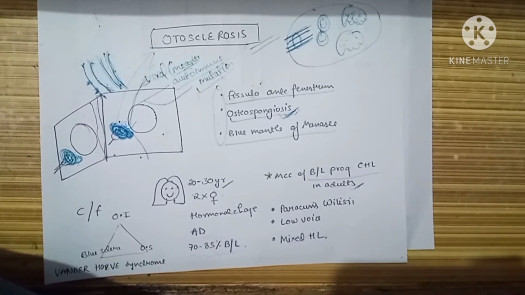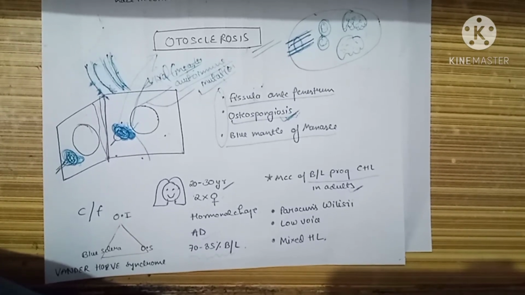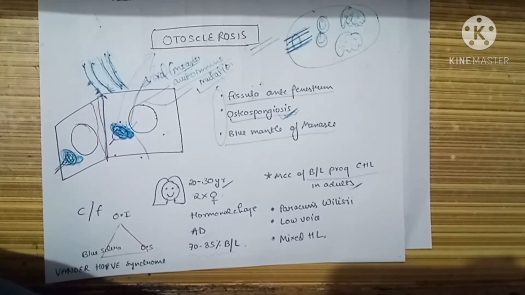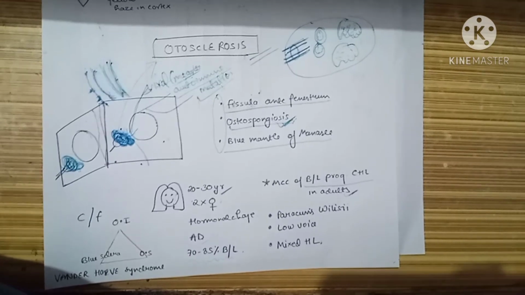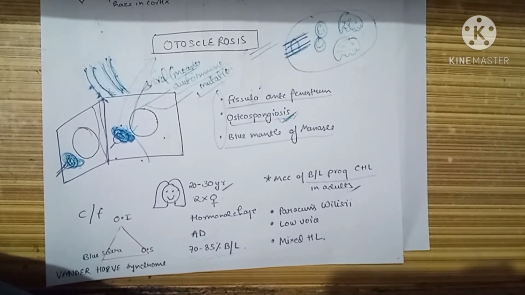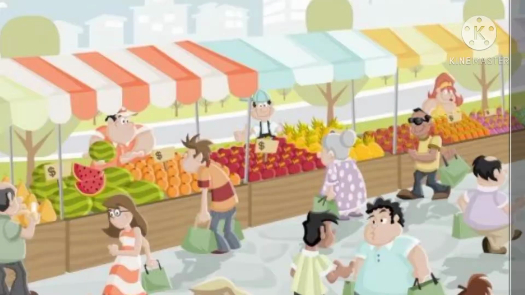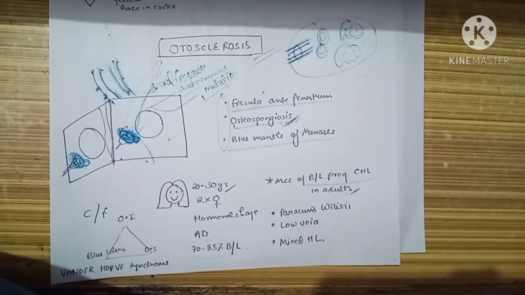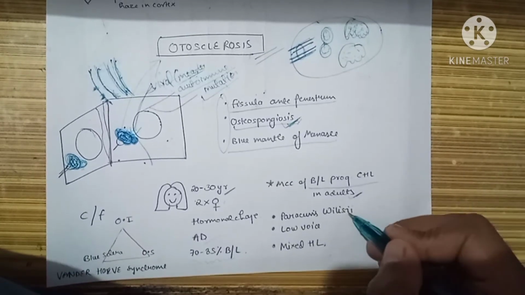Vendors there are shouting, and when the female presents in the hospital, she tells that she hears well in the crowded surroundings. She can hear the vendors clearly saying aloo le lo, pyaj le lo. She hears it very, very clearly. This is the phenomenon that is known as paracusis willisii.